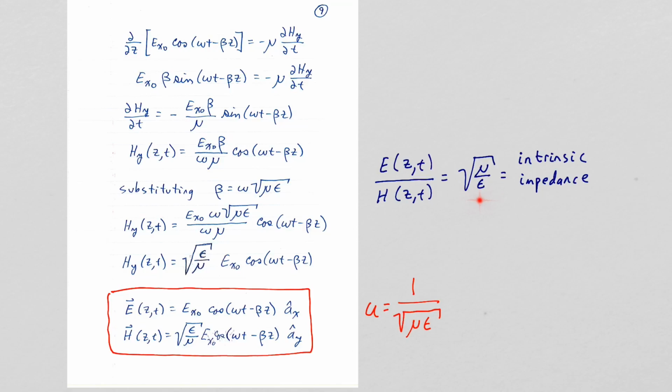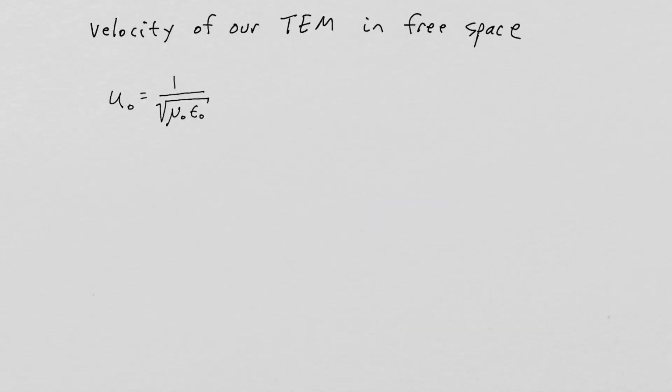Let's determine the velocity of our transverse electromagnetic wave in free space. We know the velocity is 1 over the square root of mu epsilon, so let's put in the permeability and permittivity of free space. Here is our permeability of free space. Here our permittivity of free space.